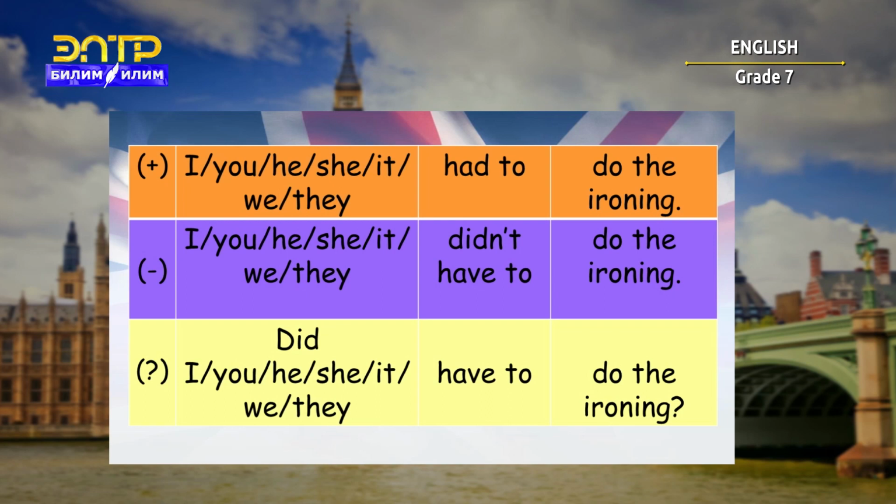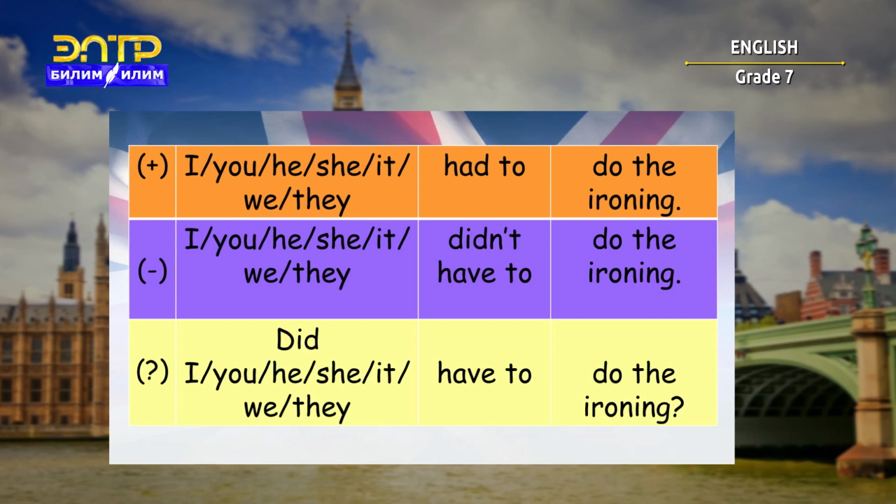So, to make a positive sentence, we just follow a simple rule. First come pronouns I, you, he, she, it, we, they, then had to, and after that come other parts of the sentence. To make a negative sentence, also first come pronouns such as I, you, he, she, it, we, they, and then didn't have to, and after that also other parts of the sentence.